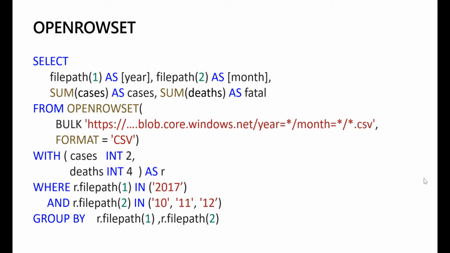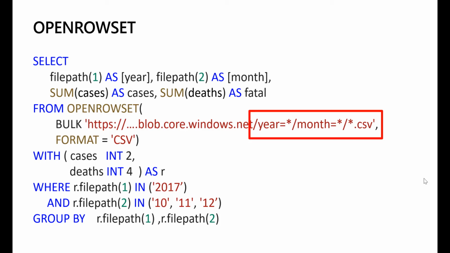Here is an example of Open Row Set function. Open Row Set function in Synapse SQL On Demand is enhanced, and we have added several syntax elements that enables you to more easily analyze your data. First, note that in Open Row Set bulk path, you can use wildcards. This means that you can reference multiple files.